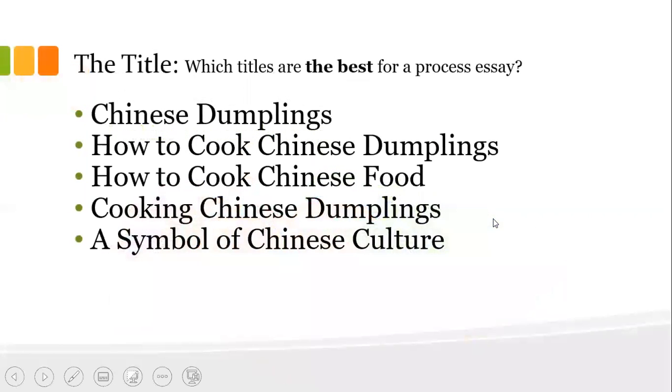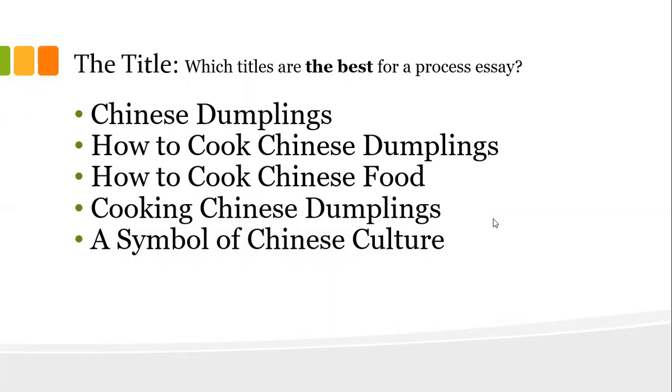Okay, first we'll start with the title. I've given you 5 different titles. Which of these titles are the best for a process essay? Keep in mind that a good title should tell me 2 things.